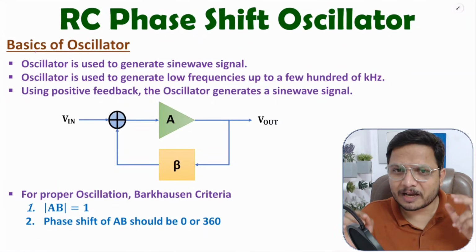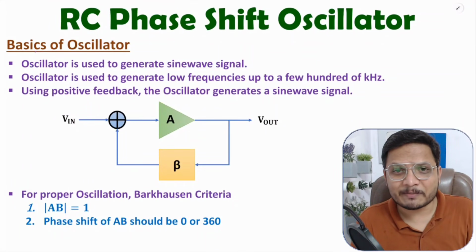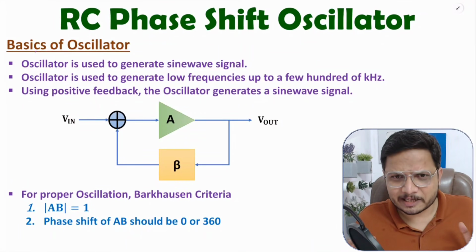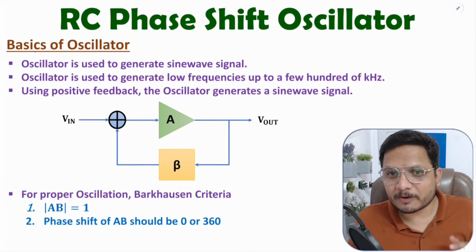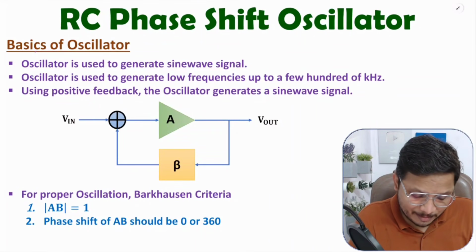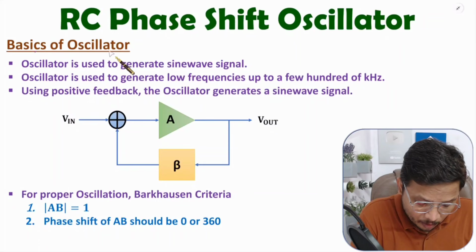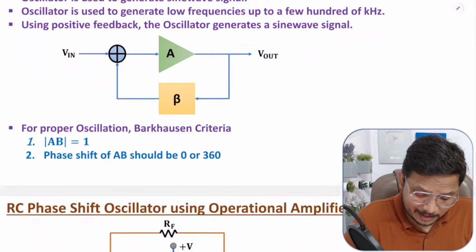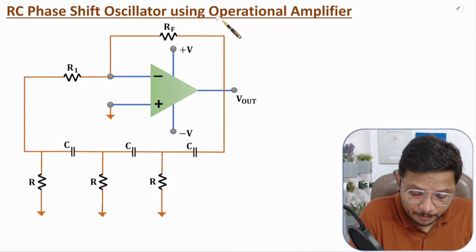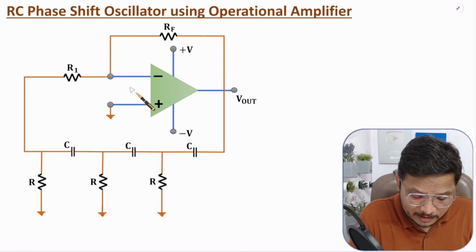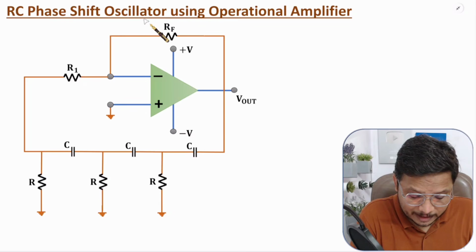In this video, I'll explain RC phase shift oscillator in complete detail. Before I start with the explanation, let me show you how many things I'm going to cover in this video. First of all, I'll be explaining the basics of oscillator. After that, I'll explain RC phase shift oscillator using operational amplifier. So this is the basic circuit with which one can have RC phase shift oscillator.